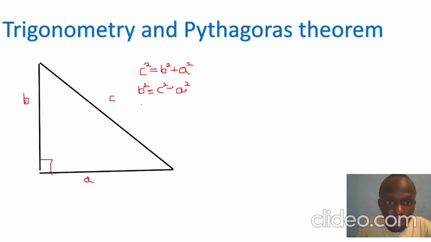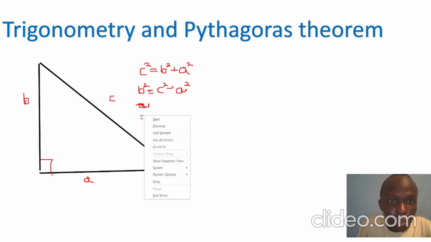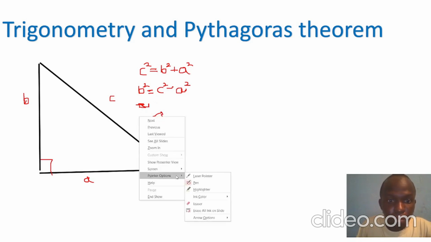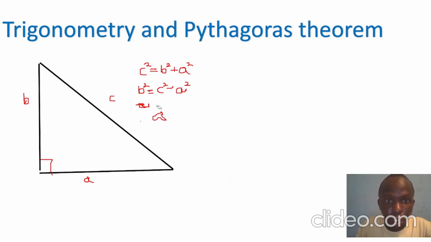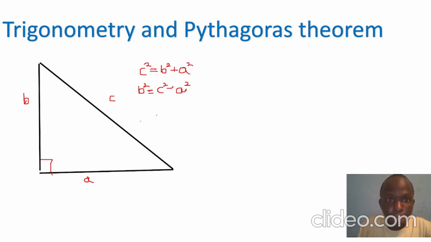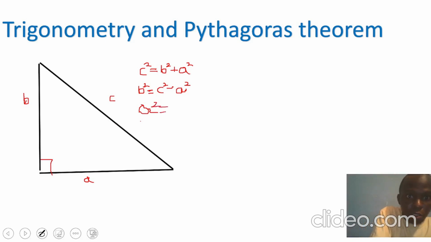We can also express A squared as follows: A squared is equal to C squared minus B squared.